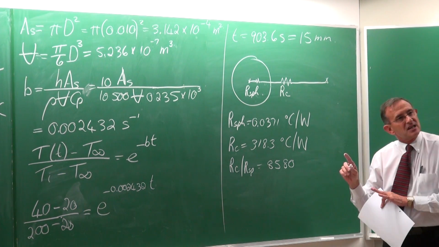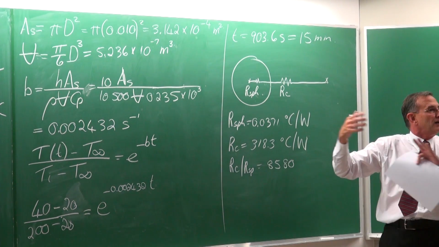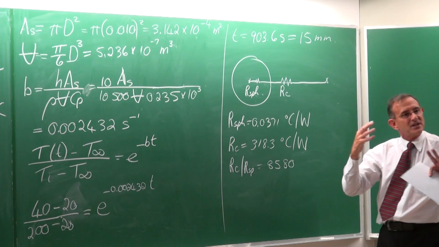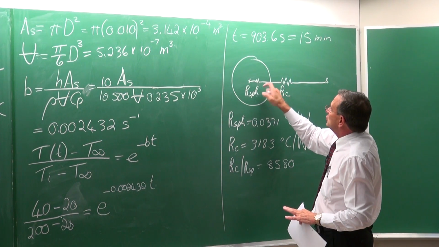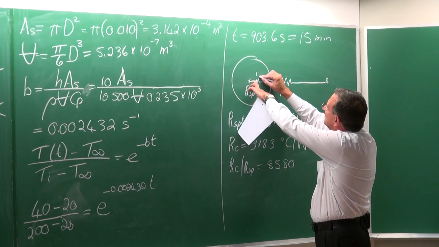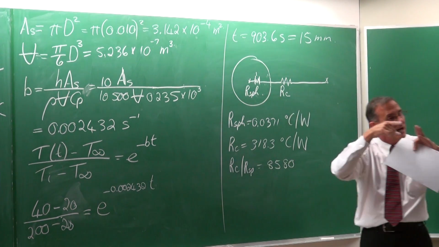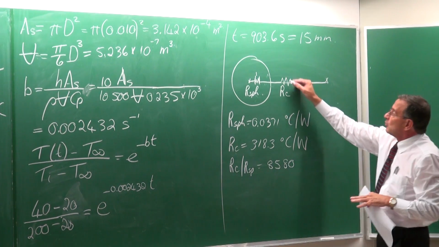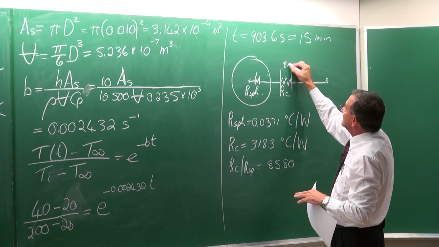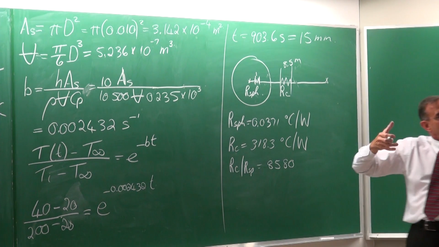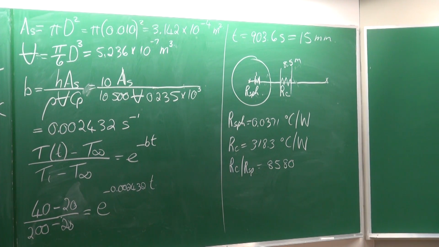It therefore means that if you want to schematically give yourself an idea of what is going on here, and you would draw this resistance element as 1 millimeter, then that one is going to be 8.5 meters. So that is the ratio of the differences between the resistance elements.